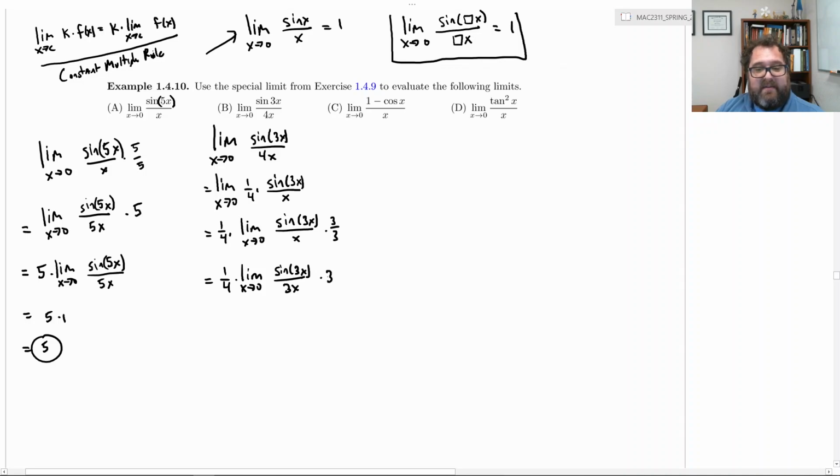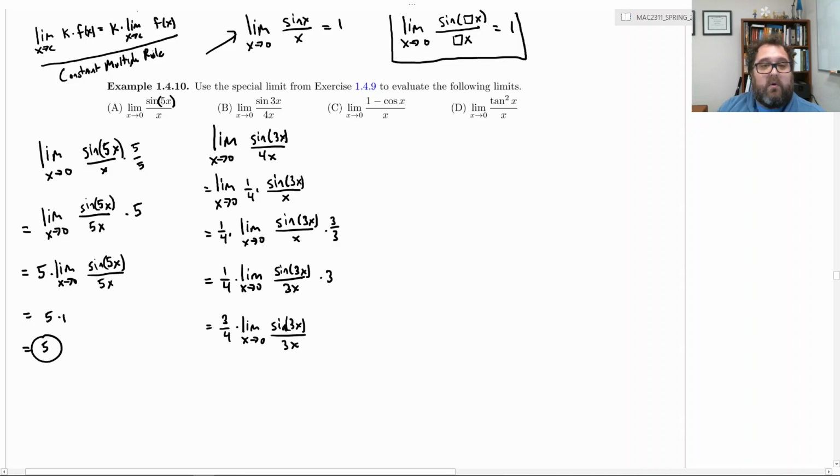But we still have that pesky 3 on the numerator, so I can use the constant multiple rule again to factor that 3 out. And now in front of the limit, I'll have 1/4 times 3, which is 3 over 4. So I have 3 over 4 times the limit as x goes to 0 of sine 3x over 3x.